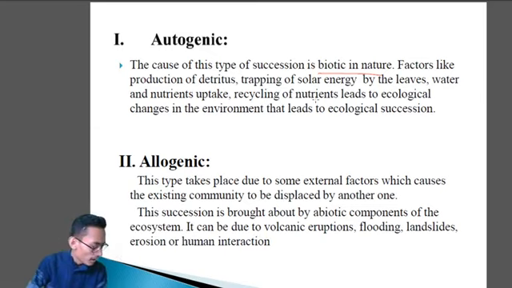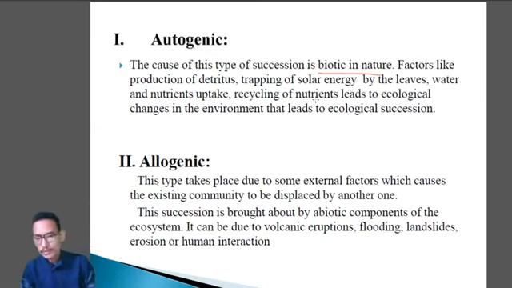Now next one, abiotic factors, that lead to allogenic succession. Biotic factors lead to autogenic succession, but abiotic factors, meaning non-living factors, lead to allogenic succession. So allogenic succession, write this one down. This type takes place due to some external factor which causes the existing community to be displaced by another one.